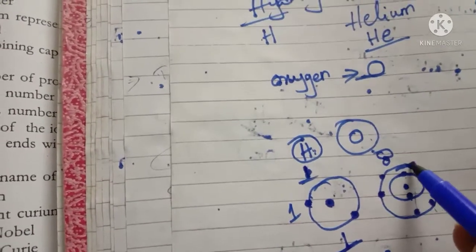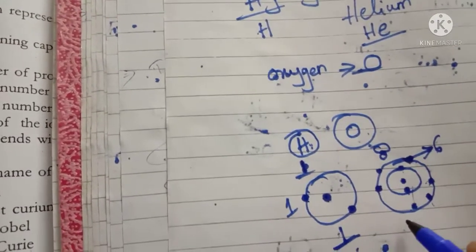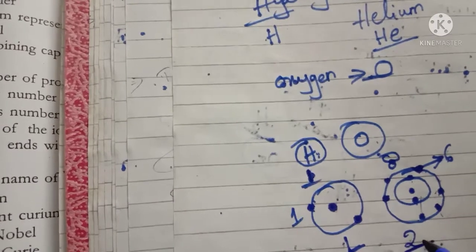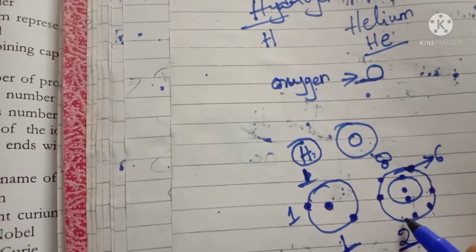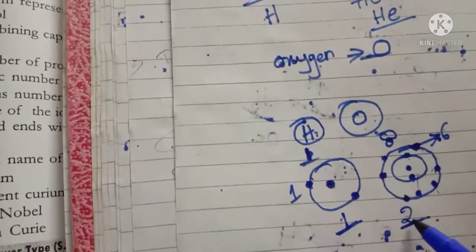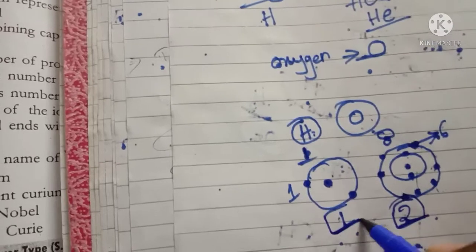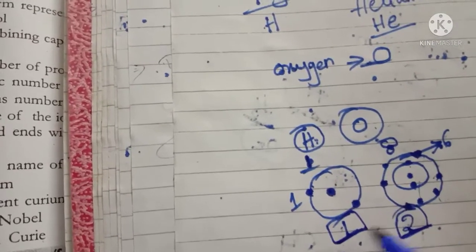Okay, in the second orbit 6 electrons are there. What is the valency here? 2. How many should be there? 8 should be there, but how many are there? 6. That means valency of oxygen is 2, valency of hydrogen is 1.